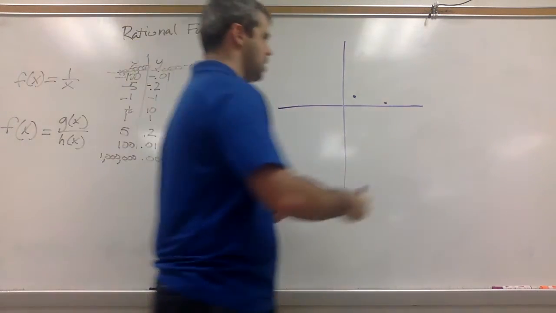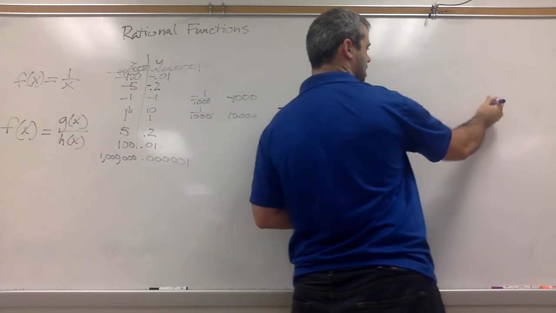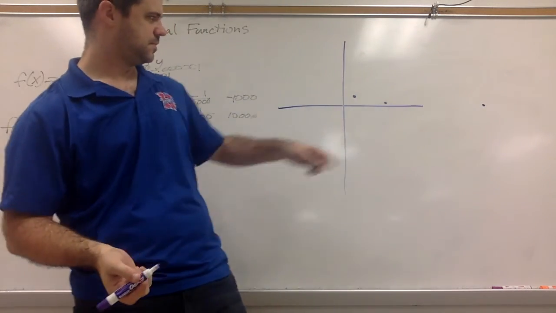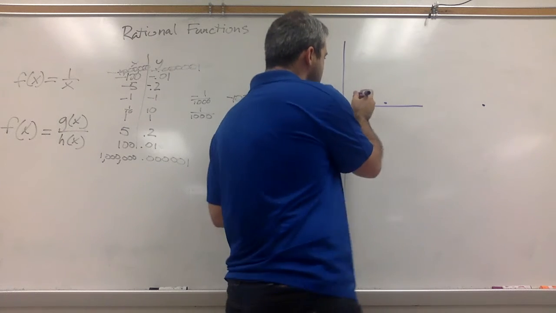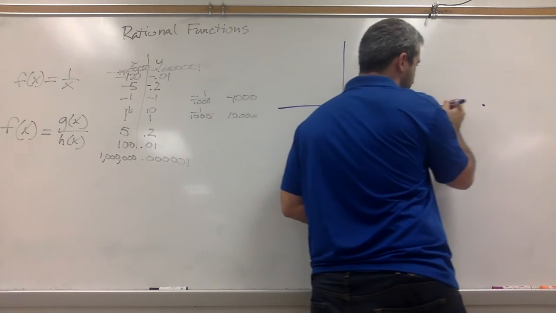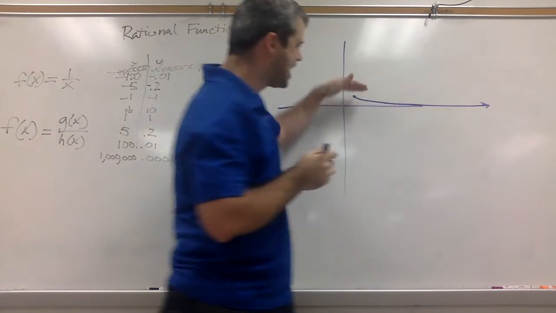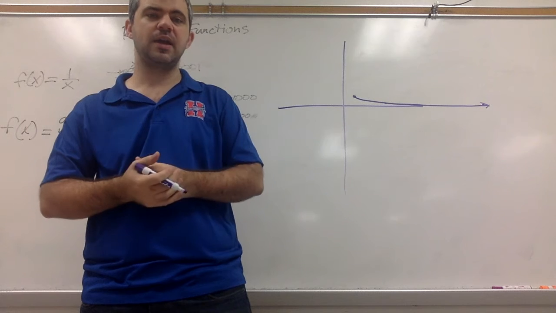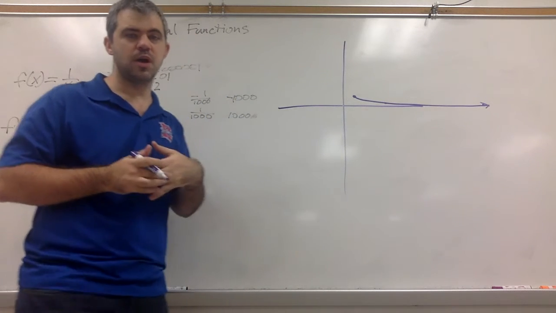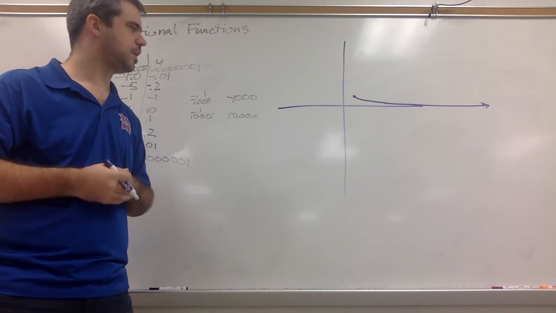We have 100, 1/100th. This is going to go and level out, because as x gets really, really big, we get closer and closer to y being 0.